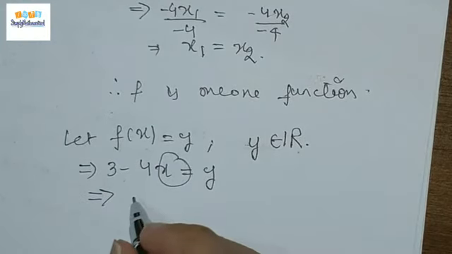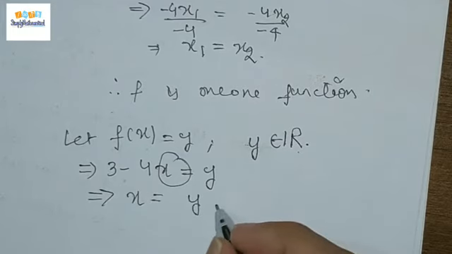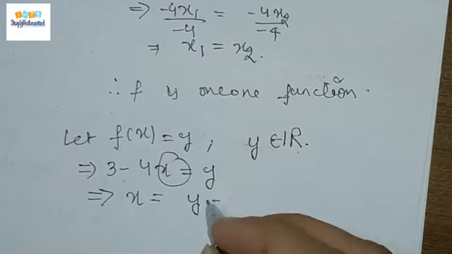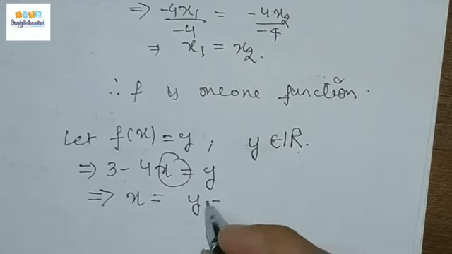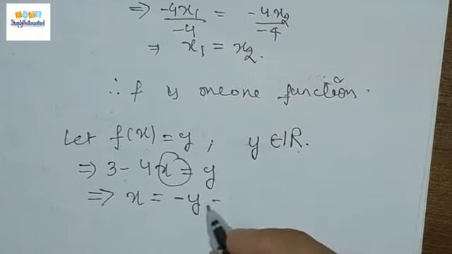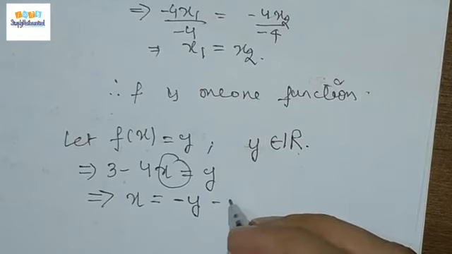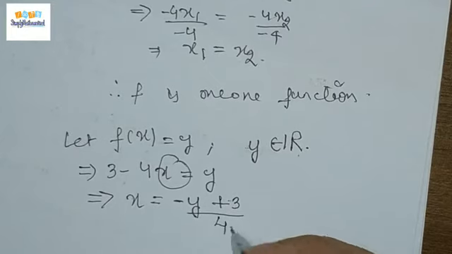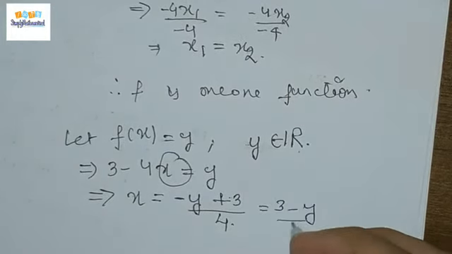You keep this x alone here, so you'll get x equal to (3 minus y) divided by 4.